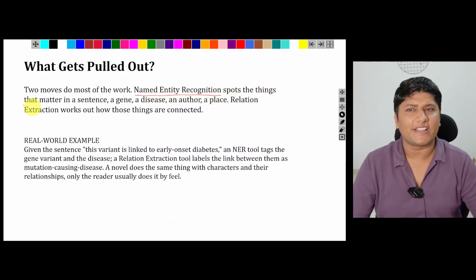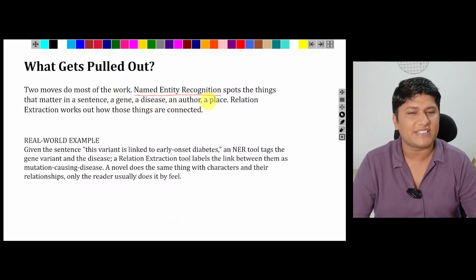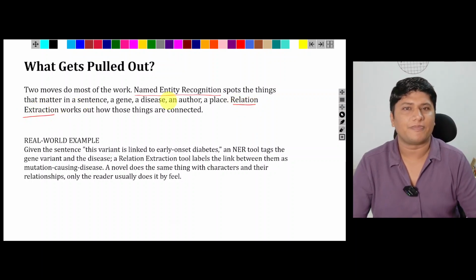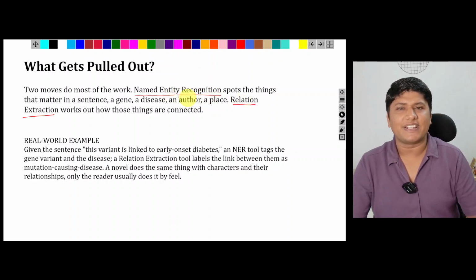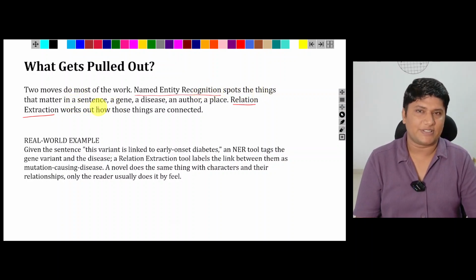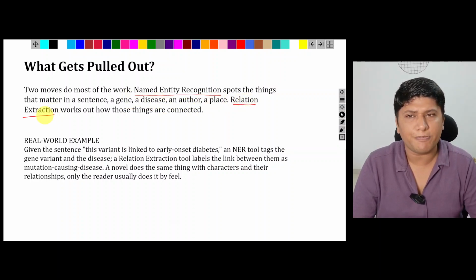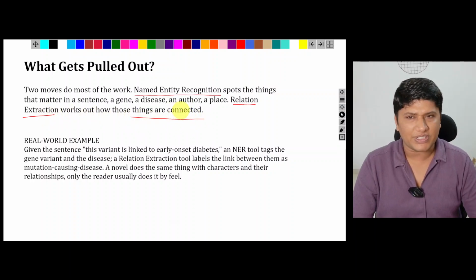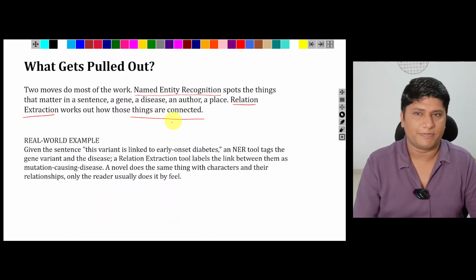It spots the things that matter in a sentence: a gene, a disease, an author, a place, and so on. And then relationship extraction works out how these things are connected. Based on this, it decides what to pull out and what to keep.